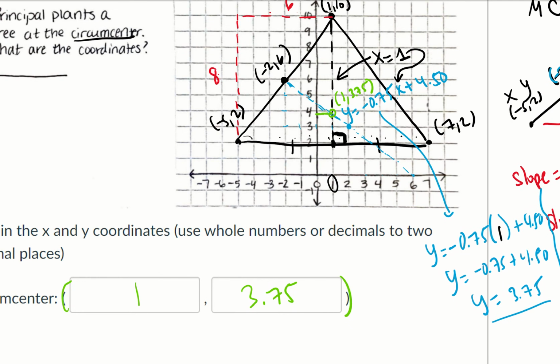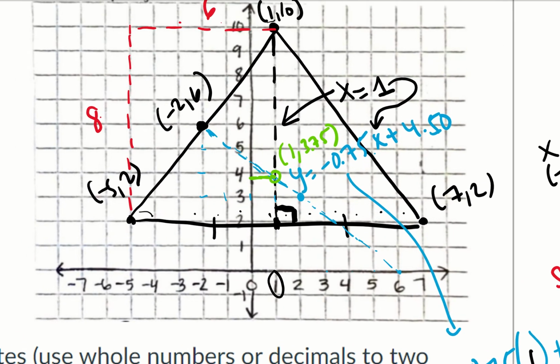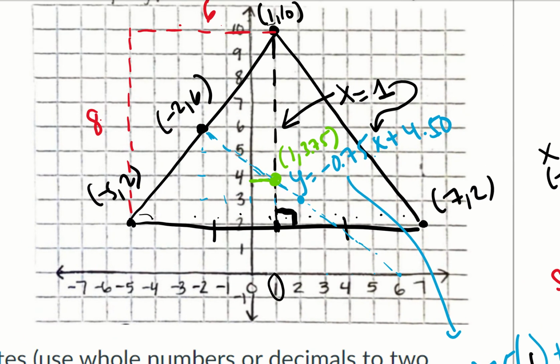Remember the importance of the circumcenter. While I'm at it, we got the answer, but the importance of the circumcenter is that it tells you the point such that the distance to each of the vertices is the same. So like these green distances are equal.